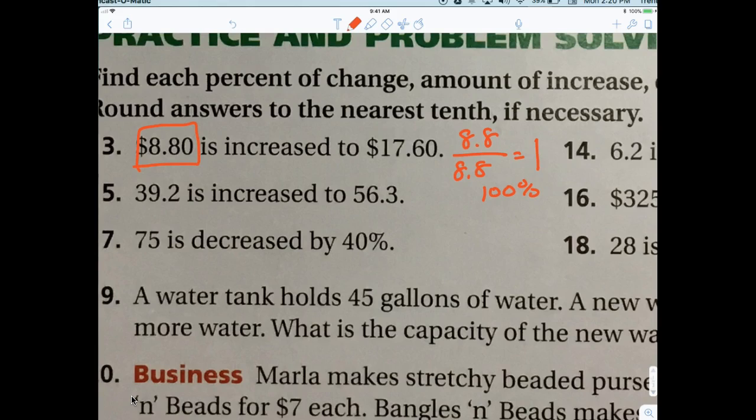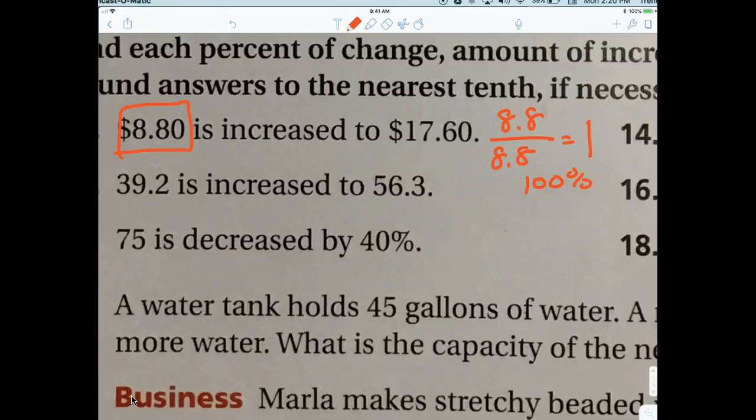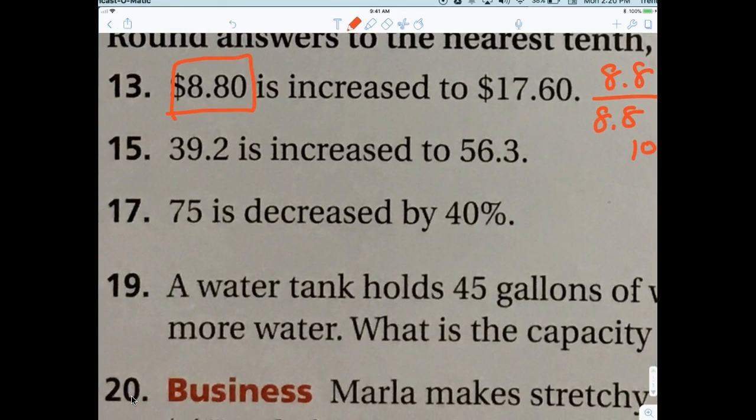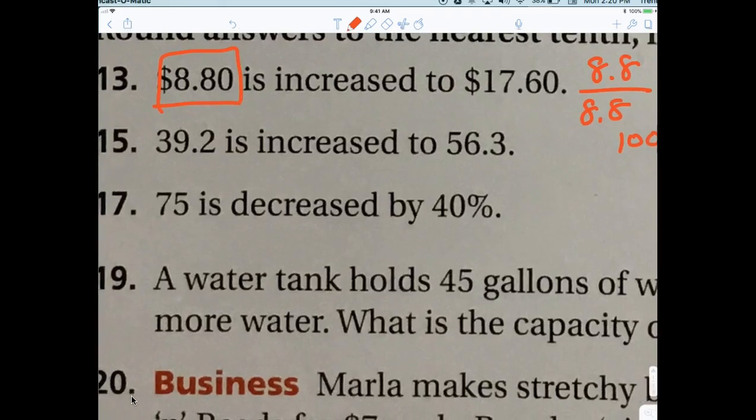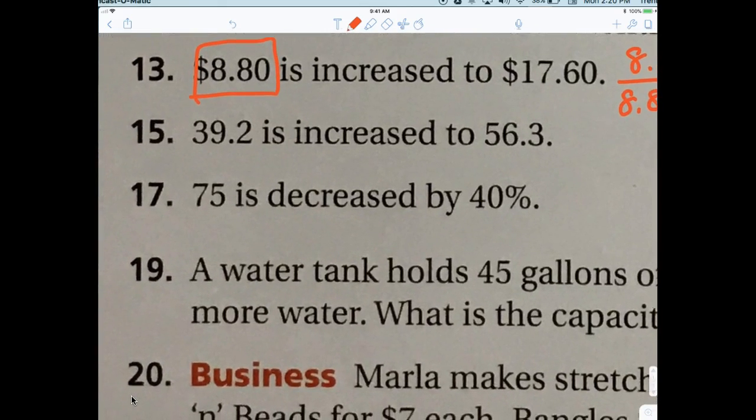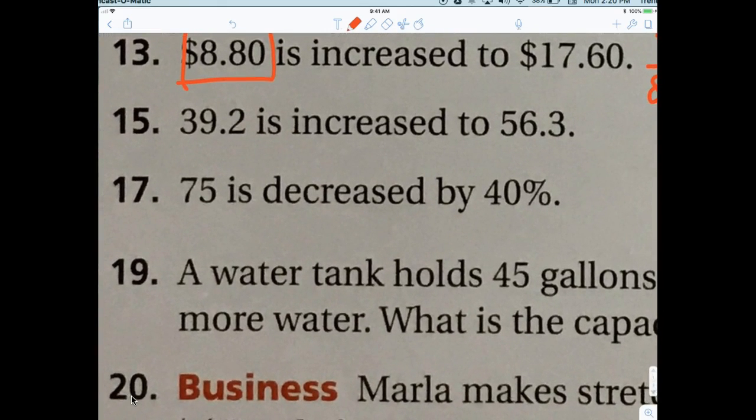Yes, I'll let you do number 15. Tell me what to do on number 15. And what is that? It doesn't matter. 17.1.